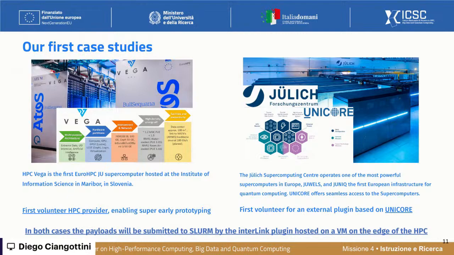The first case was HPC Vega, where we ran all our initial tests and discussions with the administrators to understand how we could proceed and get what we wanted. This was a fundamental step that demonstrated, thanks to the collaboration of the Slovenian administrators, that through interLink we can run containers from a Kubernetes pod into the supercomputing center.